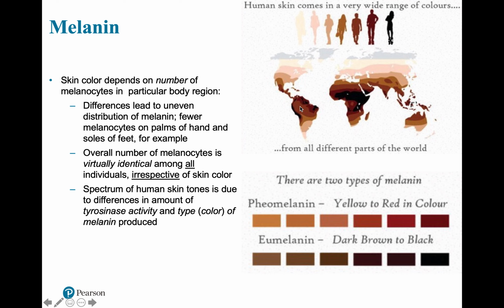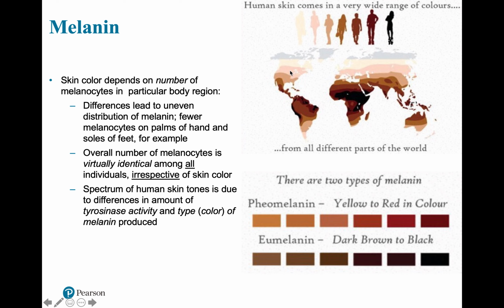So through evolution, their melanocytes started making more melanin. All right? And more melanin means that your cells are protected against DNA damage because you were exposed to more UV radiation. And then also, it keeps individuals in these parts of the world from producing excess vitamin D.